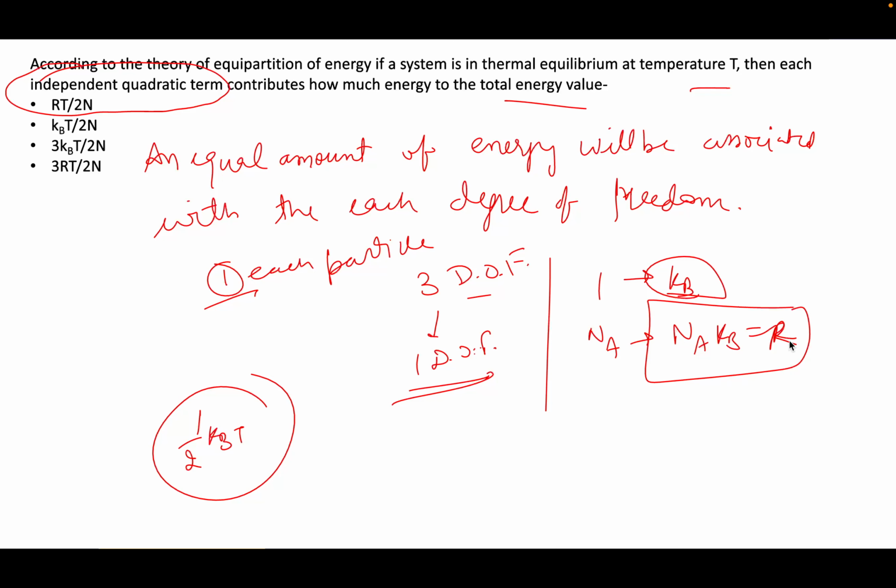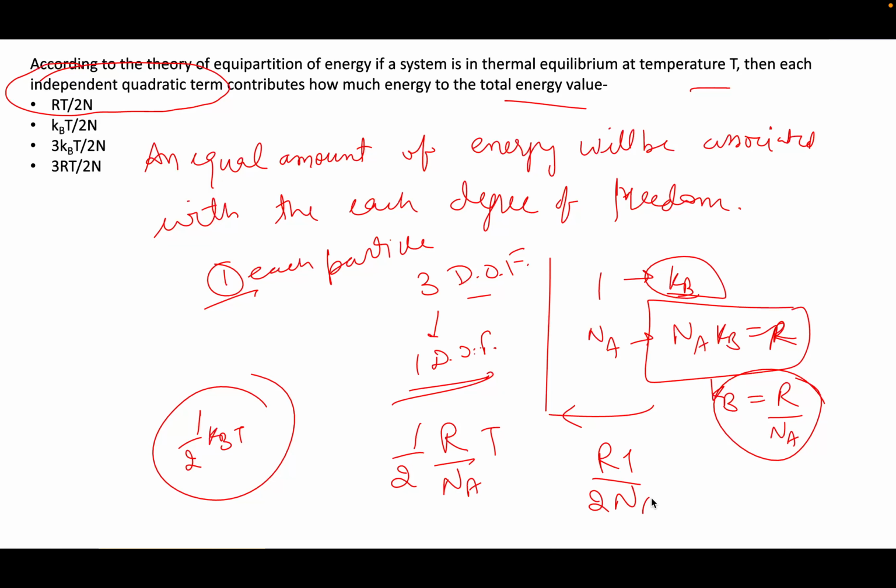So kB is equal to R by Na, where Na is Avogadro number. If we put it here, this is half R by Na into T, so RT by 2 Na. So this is the option for 1 degree of freedom.